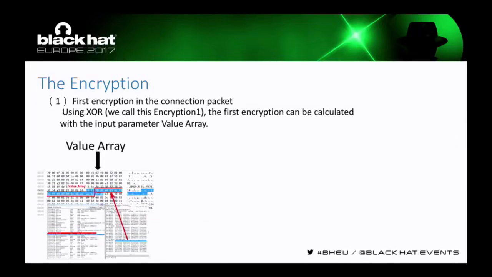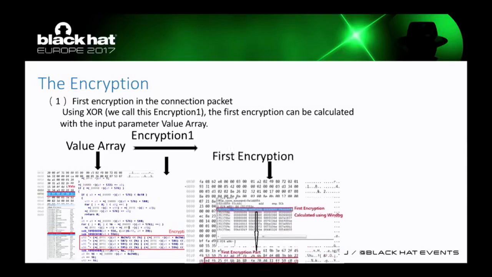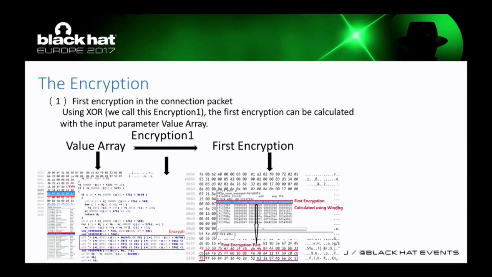So we use this value array as the input. After a simple XOR algorithm, which we call encryption 1, we can get the first encryption in the second connection request packet.